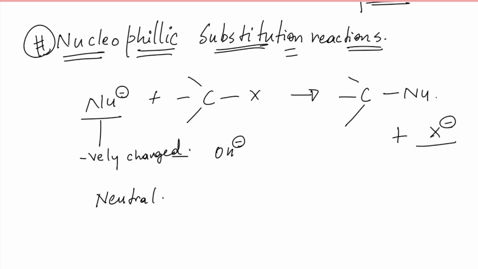Neutral like NH3, so this will form RNH2. So this is a neutral nucleophile, or KCN, AgCN. These have CN negative as the nucleophile. So these are the neutral and negative nucleophiles.